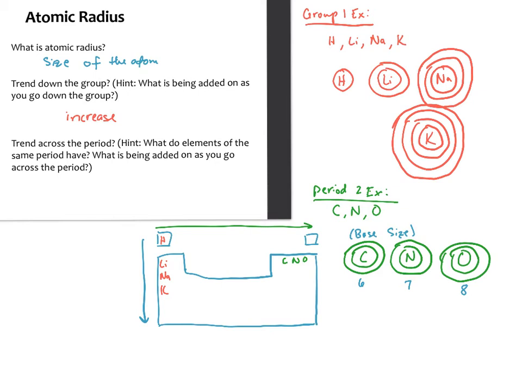So the stronger your nucleus is, the tighter it pulls on the shells. Think about a stronger magnet pulling in on the inside. It causes your rings to come closer together.